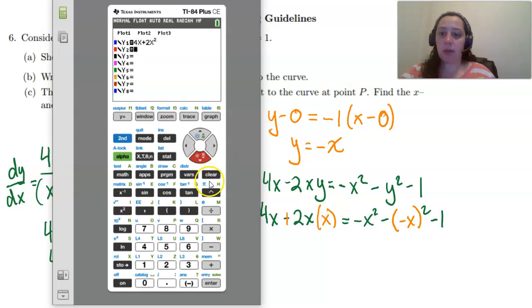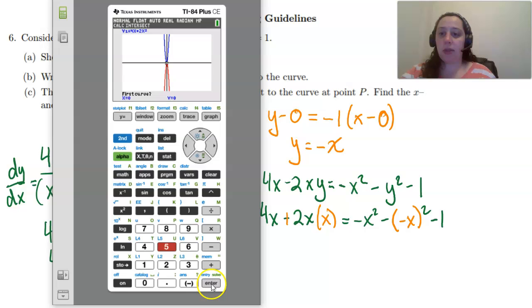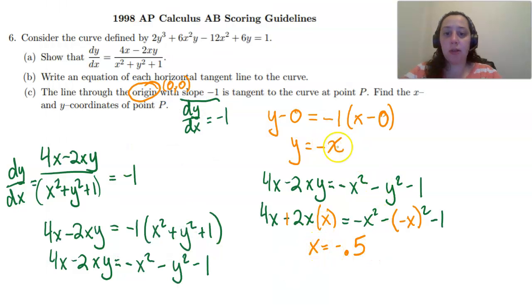And y1, and in the other side, -x squared minus -x squared minus 1. And second trace 5. Enter, enter, enter. So I get this x coordinate. So if I now plug this in, my y value is the opposite sign, so I get y equals positive 0.5, because negative gives us positive. So I found my x and y coordinates of point P.